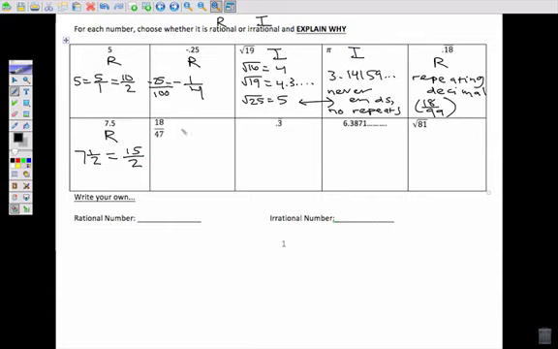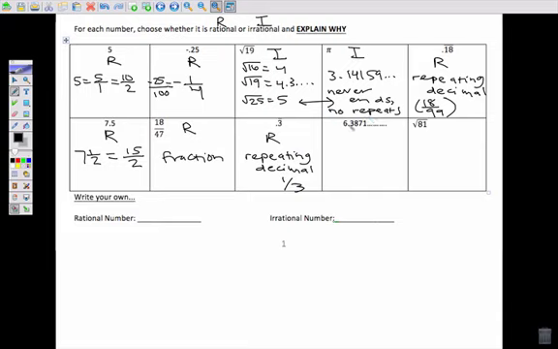So there it is as a fraction. Next, 18 over 47. 18/47 is rational because it's a fraction. 0.3 repeating is rational. It's a repeating decimal. And you probably know the fraction for this one. It's a pretty common one. We've talked about it. It is 1/3. So you could write that as well.